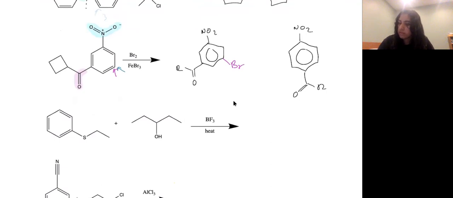So we do the same thing, we just draw out their directing effects. The NO2 directs meta, so down here. The ketone also directs meta, which is up here. If this situation happens where they're not directing to the same carbon, you look at which substituent is more reactive.